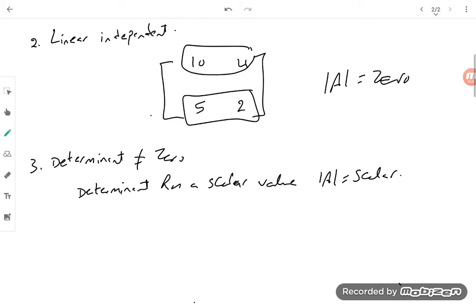So now if we apply the 3 conditions to this matrix, 10, 8, 4, 5, this is a non-singular matrix.